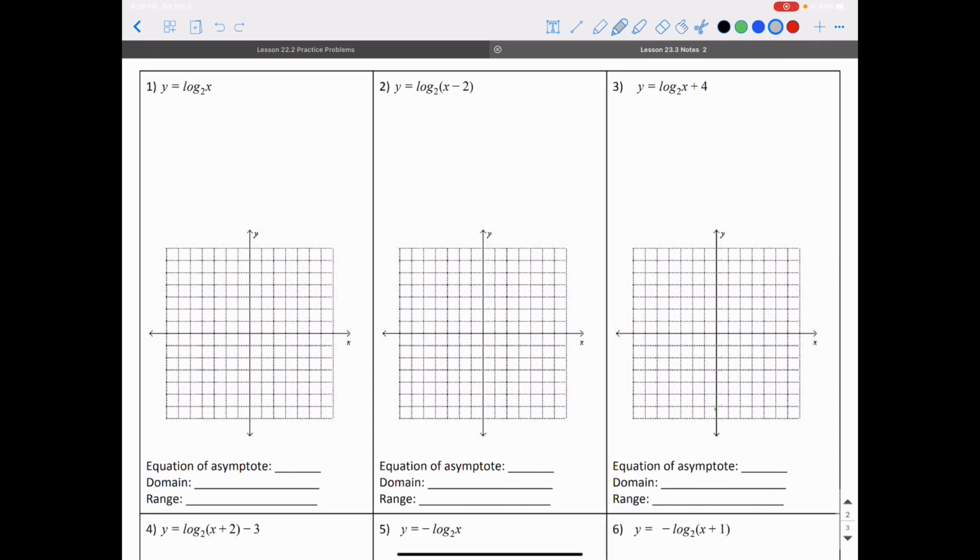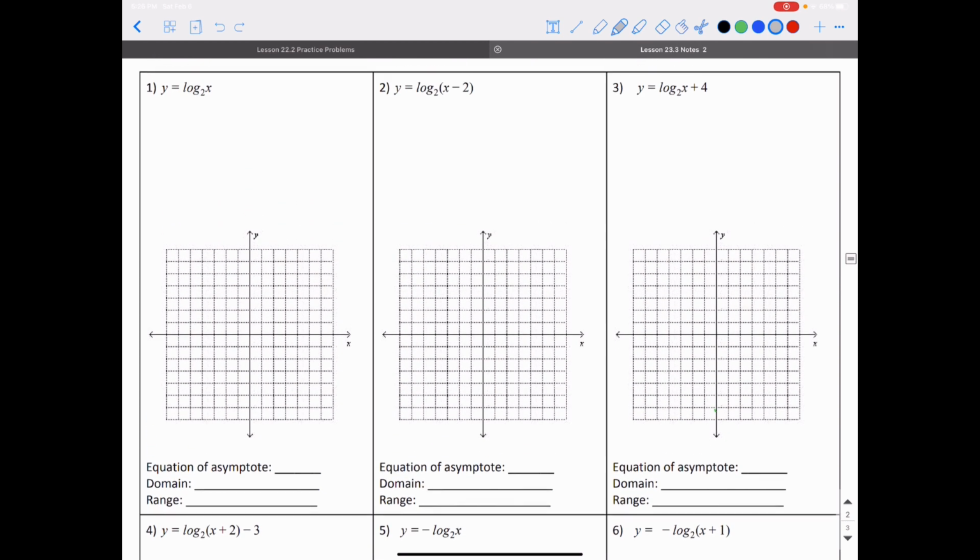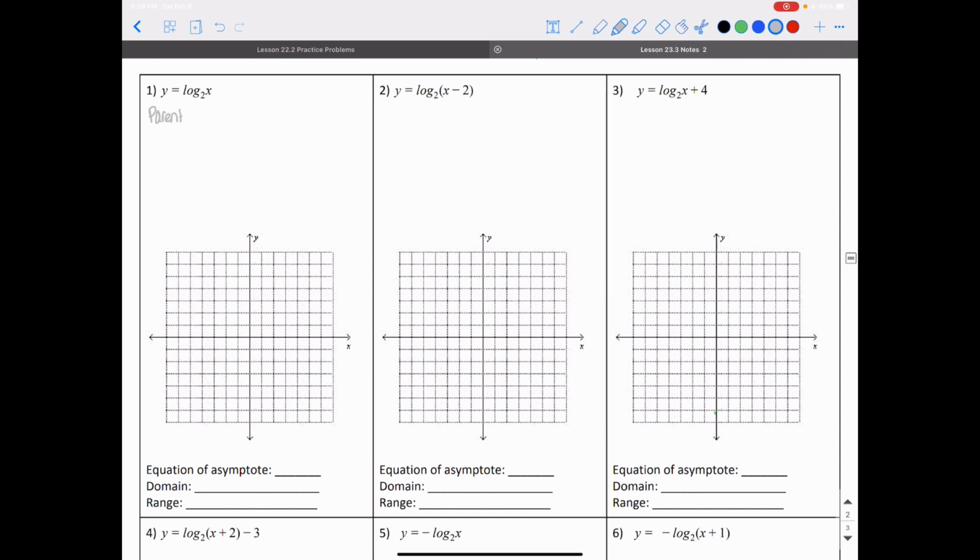We're going to start with the parent exponential inverse function, which is going to be base 2 for an exponential function. So y is equal to 2 to the x power will be our parent exponential. And we'll pick values -1, 0, and 1 for x to plug in, and that will give us 0.5, 1, and 2 for our y values.